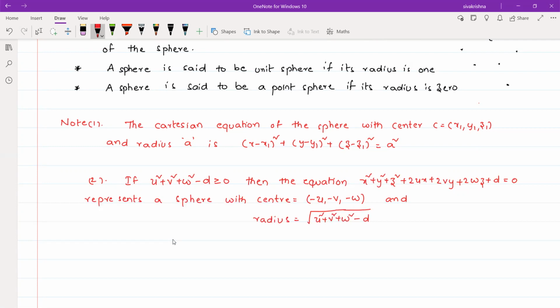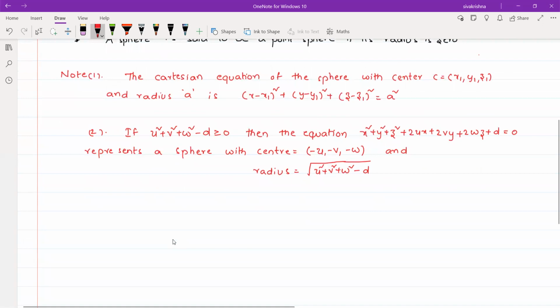If we are having the coefficient of x as 2u, then we have to write half of the coefficient, and also we have to change the sign of the coefficient. If we are having a plus sign, we have to write it minus, so that we get minus u, minus v and minus w. This is the formula to find the center of the sphere. And coming to the radius, the formula for radius is square root of u square plus v square plus w square minus d. Okay, so this is note 2.